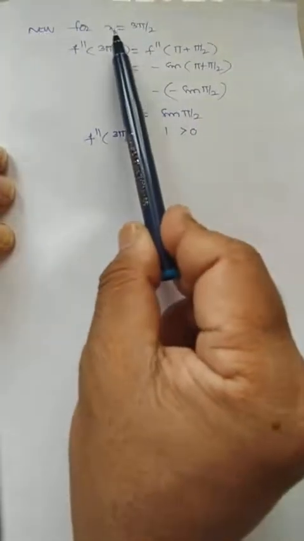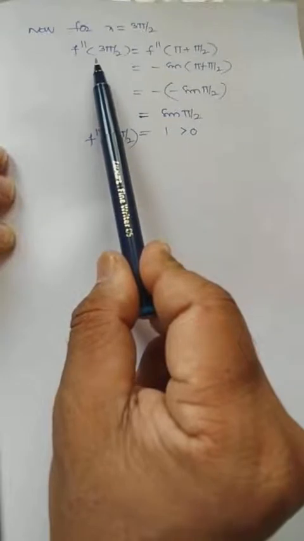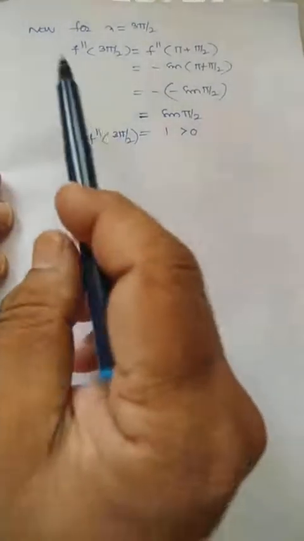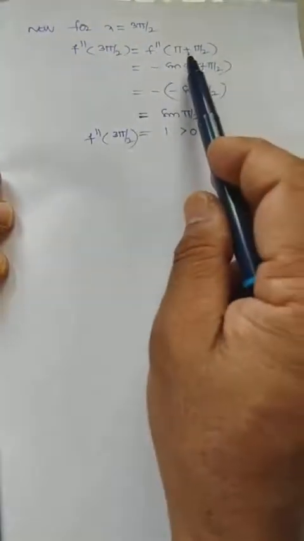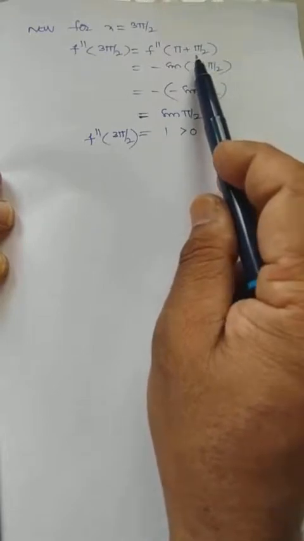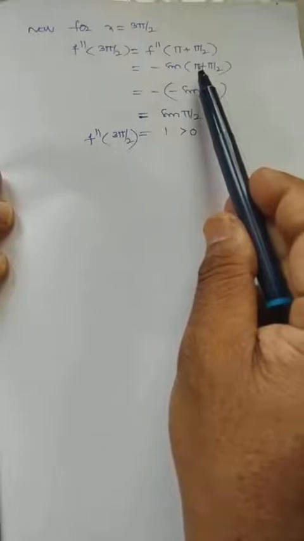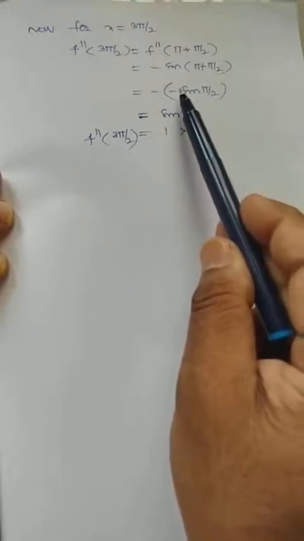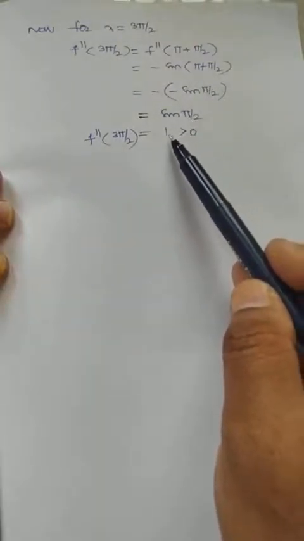Now for the stationary value at x equals 3 pi by 2, we are going to check the second derivative behavior. f double dash of 3 pi by 2 equals minus sin of 3 pi by 2. 3 pi by 2 can be written as pi plus pi by 2, so it is in the third quadrant. In the third quadrant sine is negative, so it becomes minus of minus sin pi by 2, which is sin pi by 2, so it attains the value plus 1.